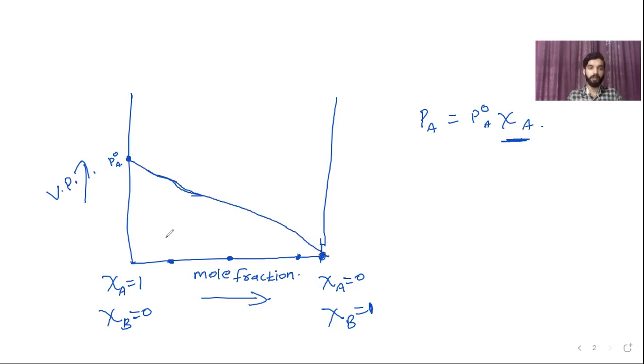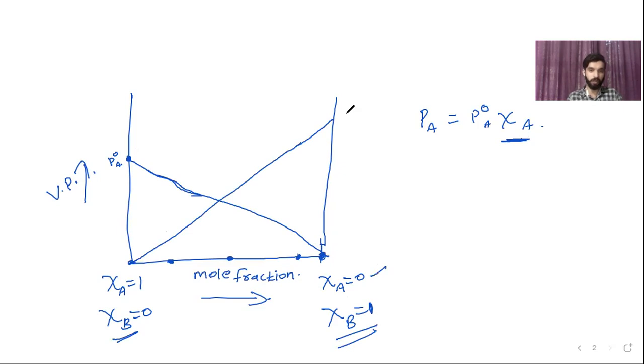Now when we plot the partial vapor pressure of B, at the left extreme it is 0 because the mole fraction of B is 0. Then it will increase. When it reaches the right extreme, there are only molecules of B. Chi of A is 0, chi of B is 1.